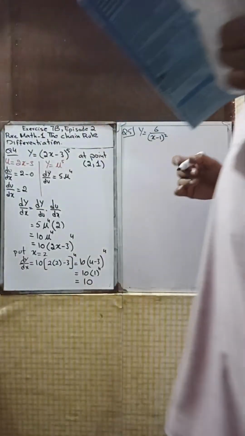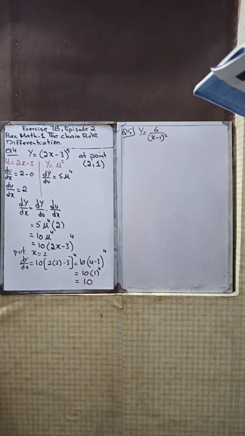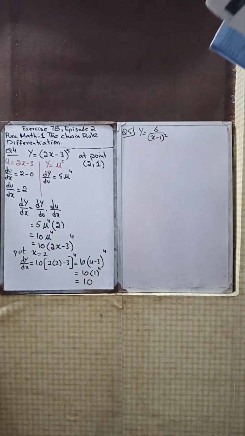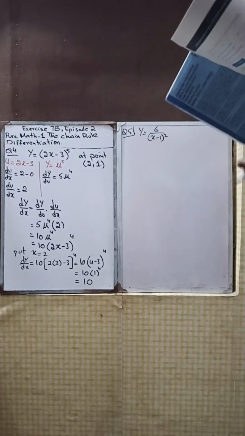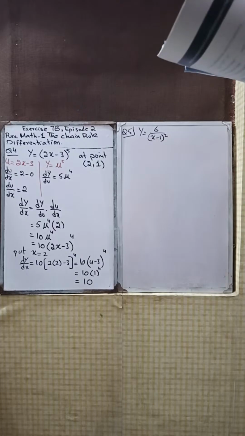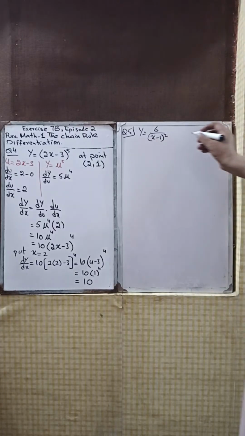He says the curve is given: y equals 6 divided by (x minus 1) whole square. This is the equation for the curve. Find the gradient of the curve y equals 6 divided by (x minus 1) whole square at the point where the curve crosses the y-axis.